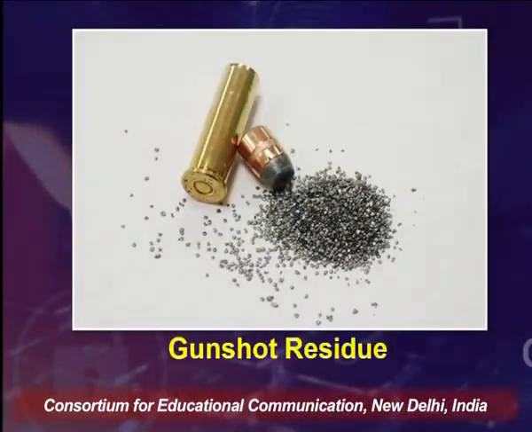Another important evidence which can be found at the crime scene where any firearm has been used is gunshot residue. Gunshot residue is basically the combination of the powder which is filled between the cartridge case and the projectile, and when it ignites, it rises to a very high temperature and gives velocity to the projectile to hit the target.